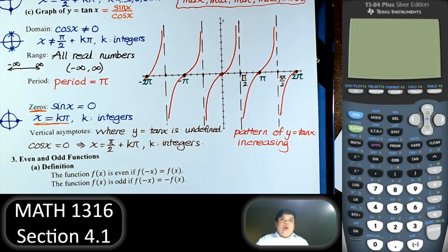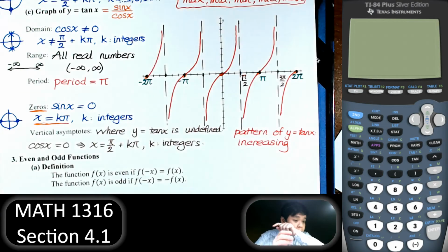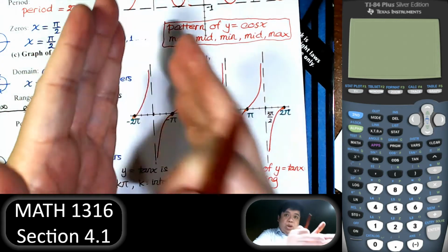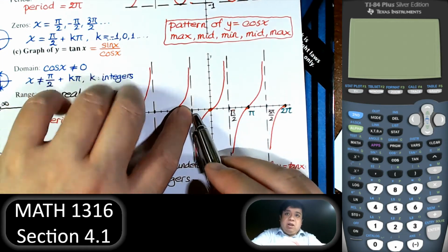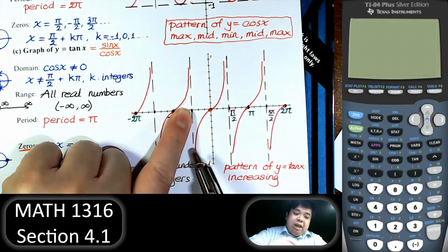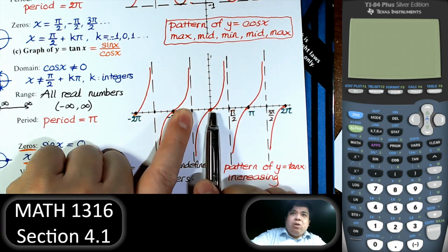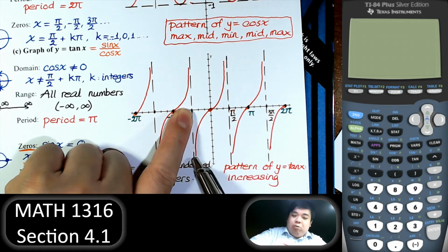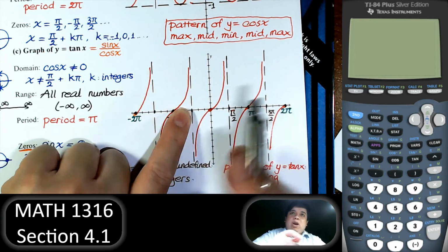We know there will be a bunch of asymptotes for the tangent. A period is from an asymptote to an asymptote, and 0 will be right in the middle. So just increasing, going from negative infinity to infinity. So that's why we have the graph of tangent.